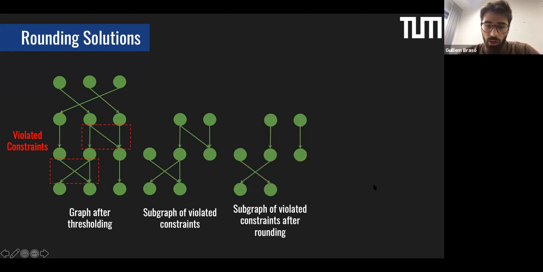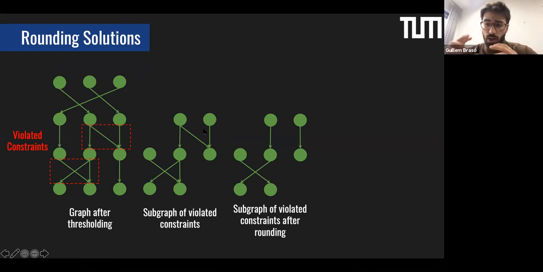In the experiments, we see that this typically happens very rarely: around 99% of the constraints are satisfied when you just threshold the classification scores. But for a very small subset of them, you might have these violations.